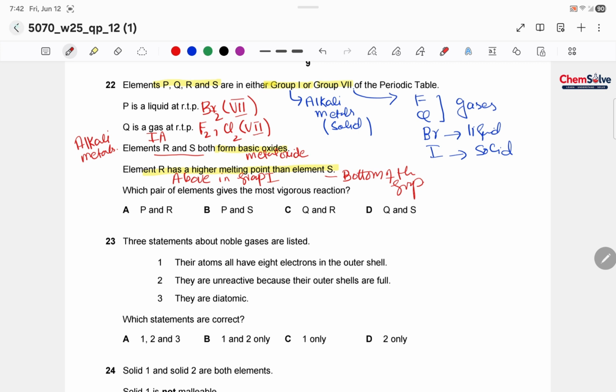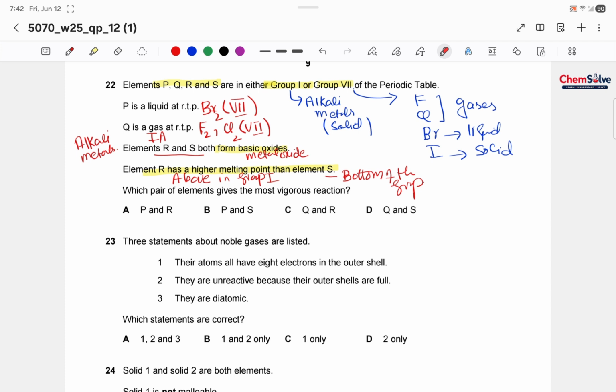Now talk about the reactivity of the alkali metals. The reactivity of the alkali metals increases down the group, while the reactivity of group 7 decreases down the group. So we have concluded till here that R is above and S is below.